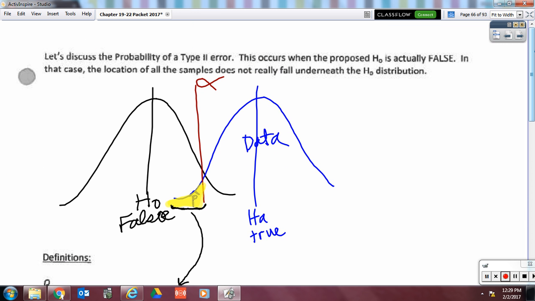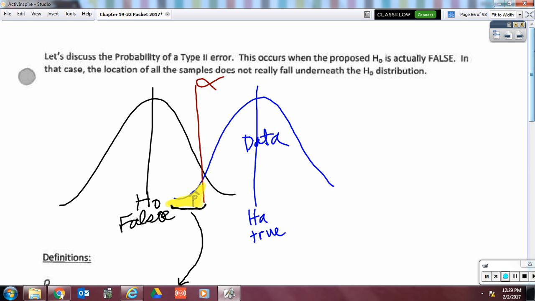Okay, so looking at our picture here, I want to know the area, the shaded-in space where power occurs. The null is false, and we reject it. Where is that occurring? Not in the yellow. The yellow is making us not reject it. To the right of that alpha.